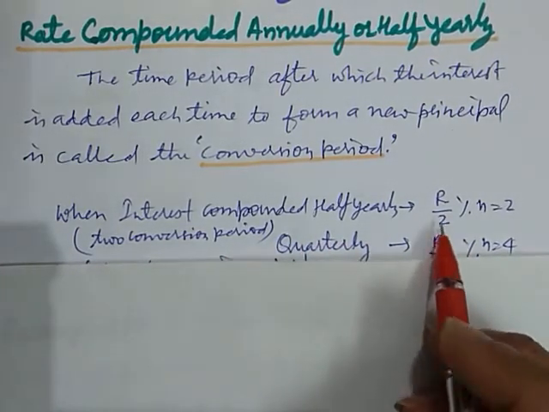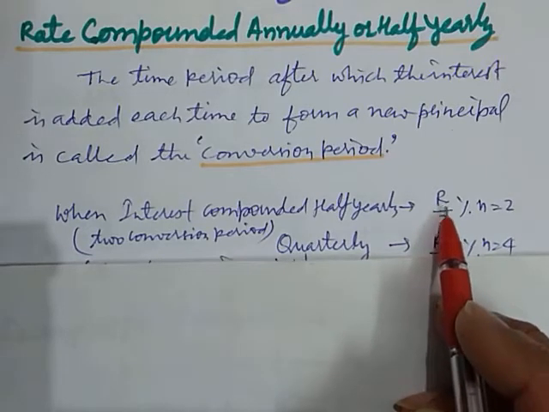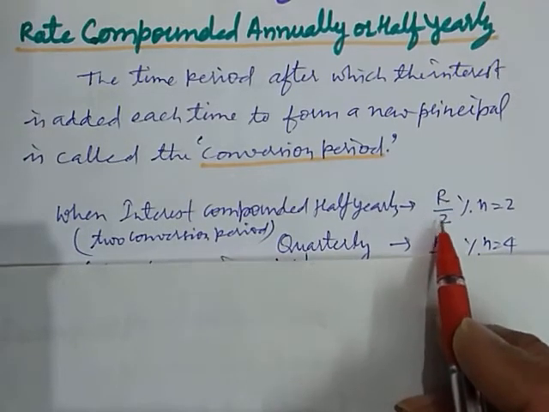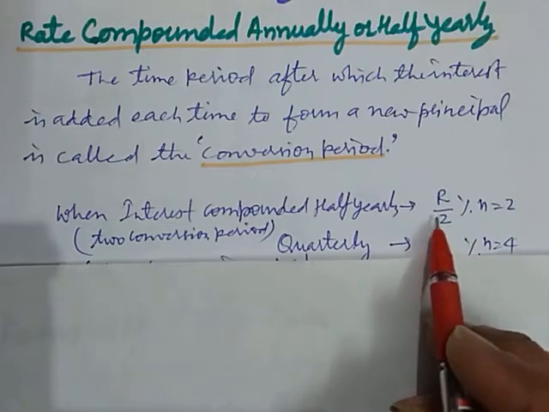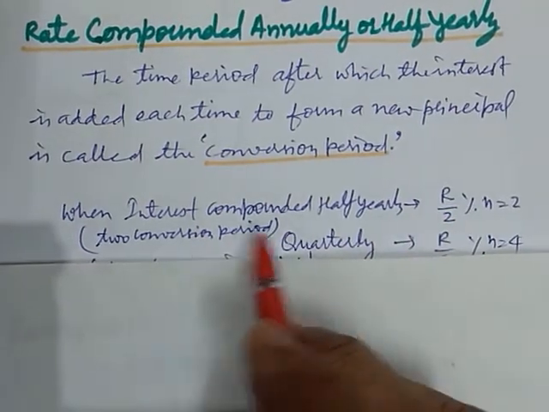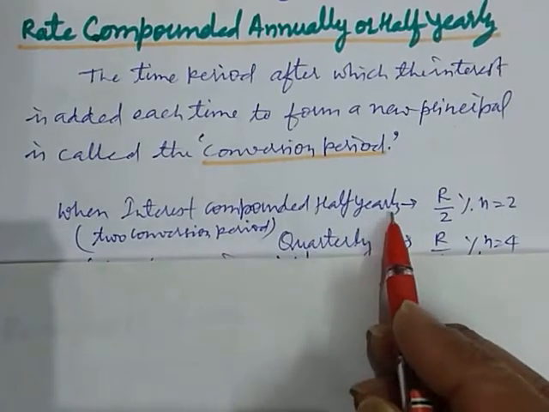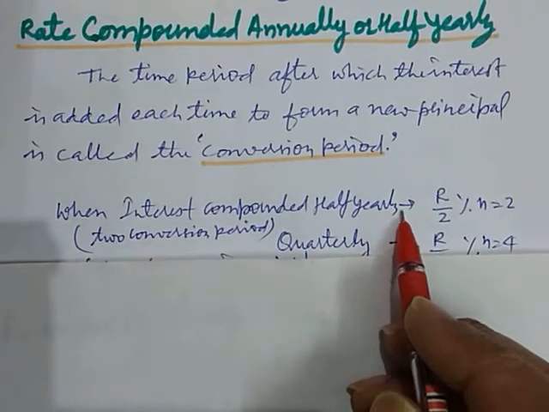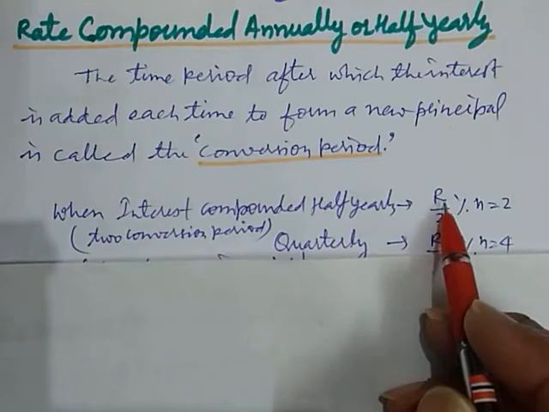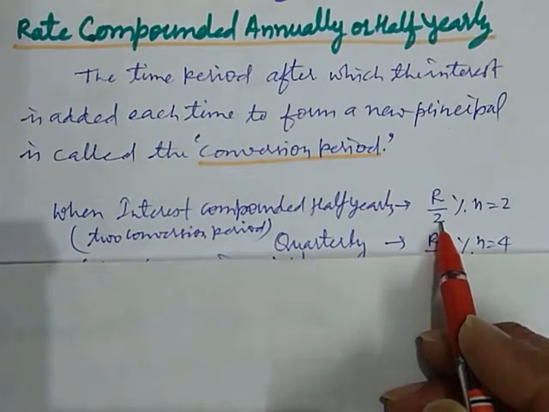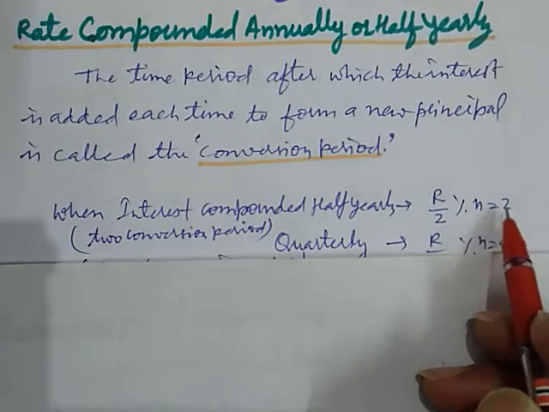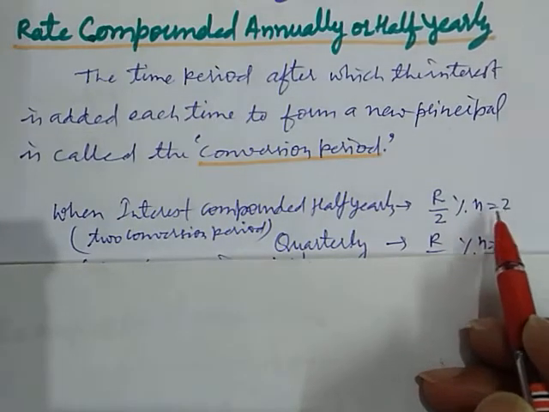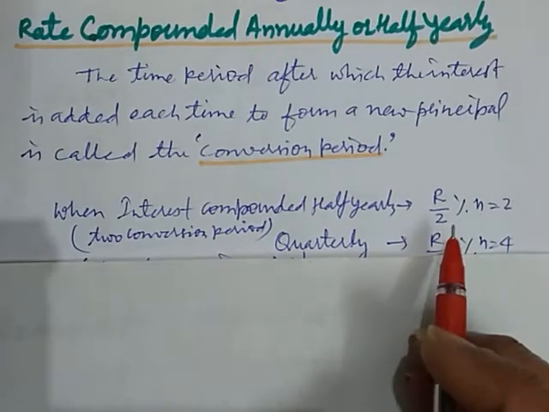In that case we have to make the interest rate half. So when we compound half yearly, that is 2 times in a year, we reduce the rate by half, and n becomes 2, that is 2 conversion periods.